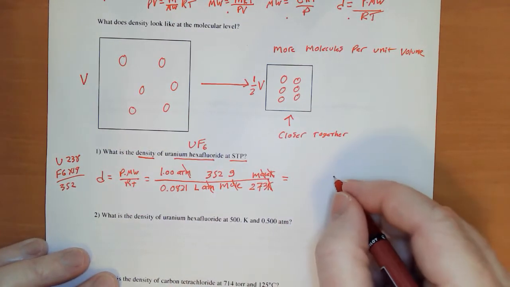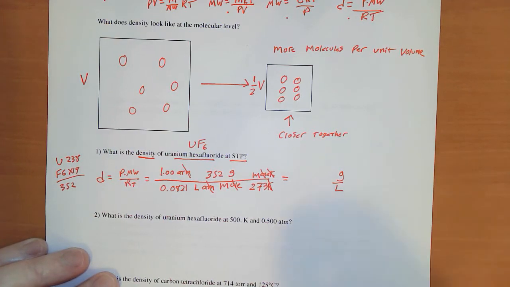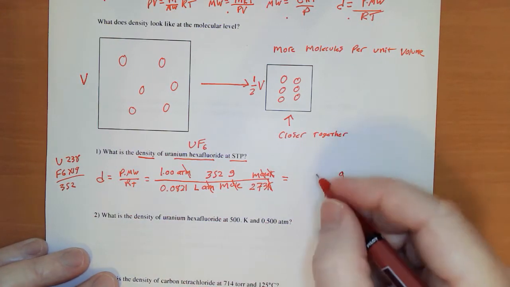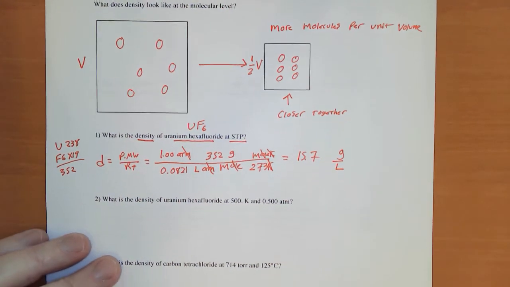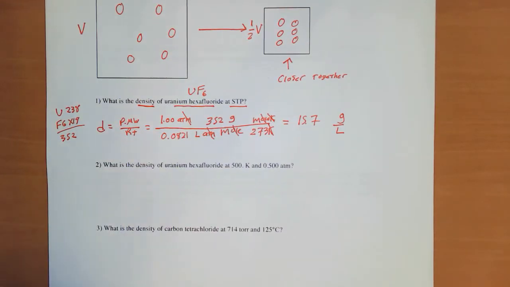I'm left with grams per liter. That's good. That's actually an appropriate unit for density, and I get about 15.7 grams per liter. Now, this is a gas. It's not terribly dense. Remember, the density of liquid water at room temperature is about 1 gram per milliliter. Okay, so this is substantially less dense than liquid water.